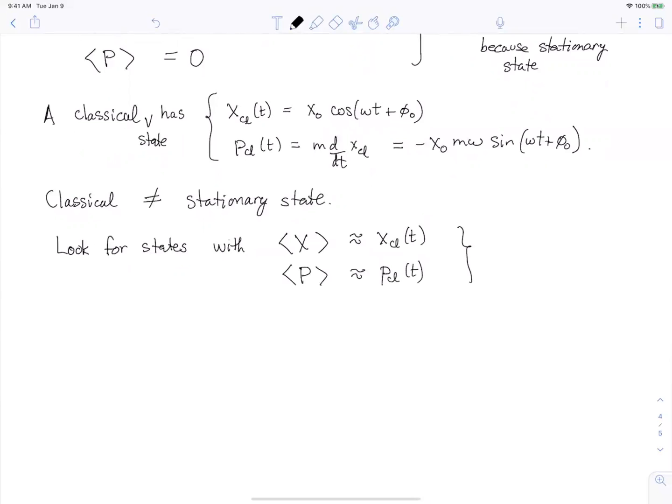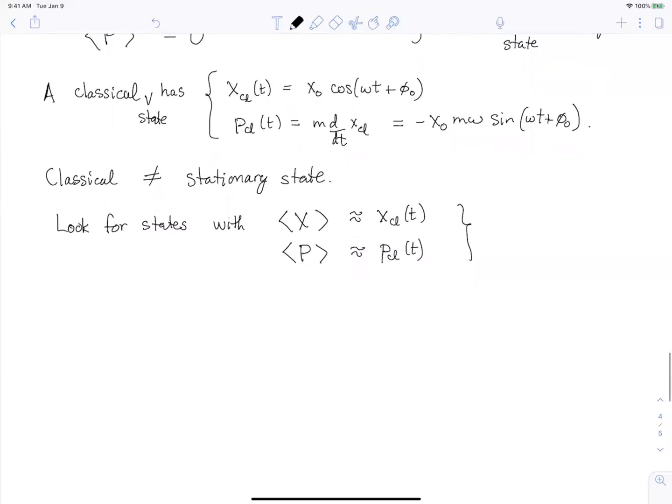Now there's no guarantee that we'll be able to get very close, but it turns out we will be able to get extremely close to a classical-like oscillation. So these are called coherent states. Coherent is here a synonym for quasi-classical. Of course, they can't be exactly classical, but they're as close as possible. And what we've showed is these will not be energy eigenstates.